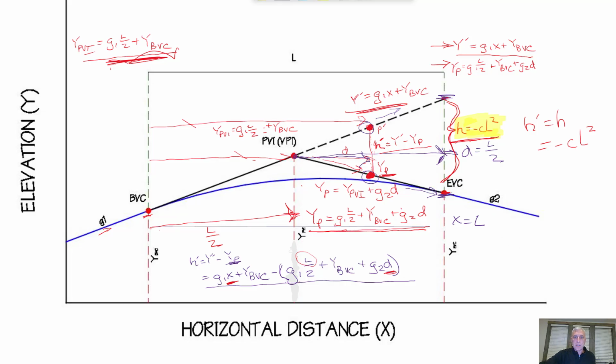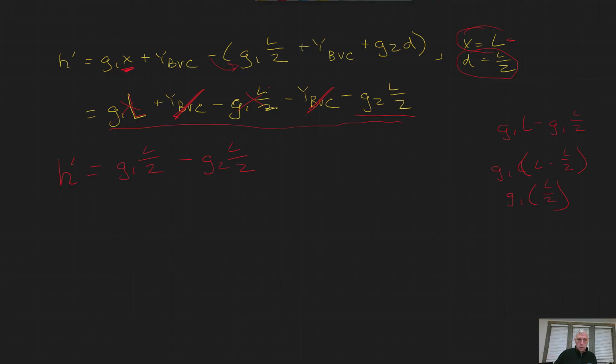So I'm going to go back to the equations. H equals minus CL squared with H prime equaling H. So now can't I just set these equal to each other to say minus CL squared equals G1 L over 2 minus G2 L over 2, right?